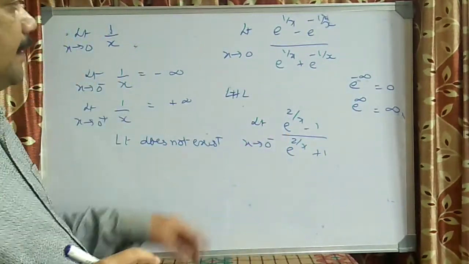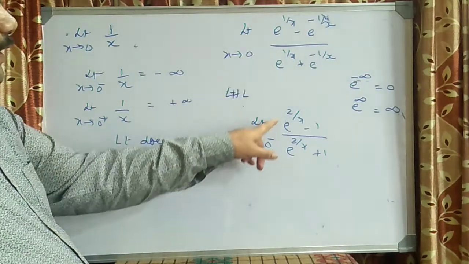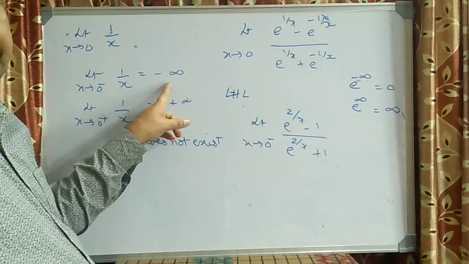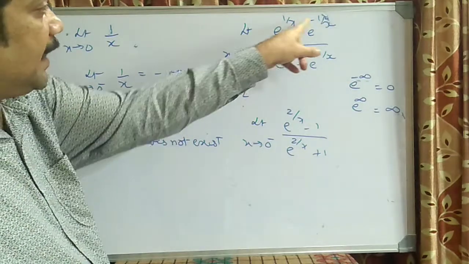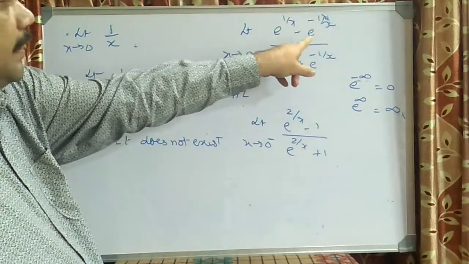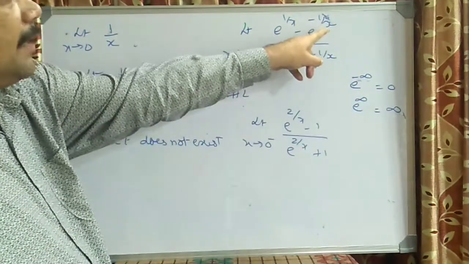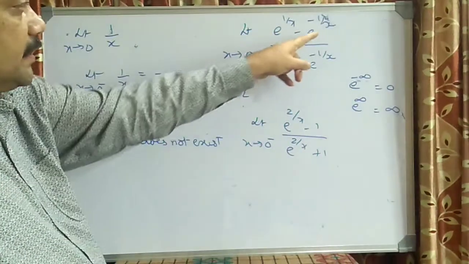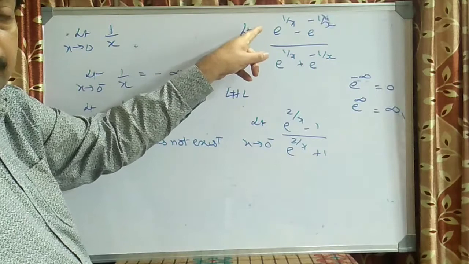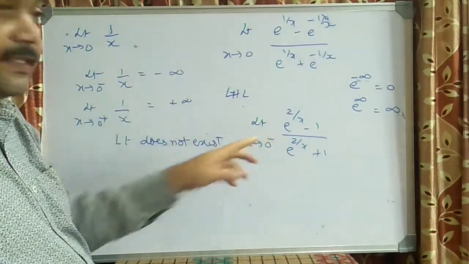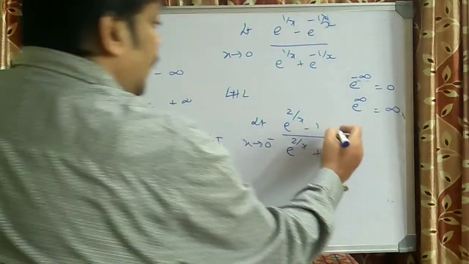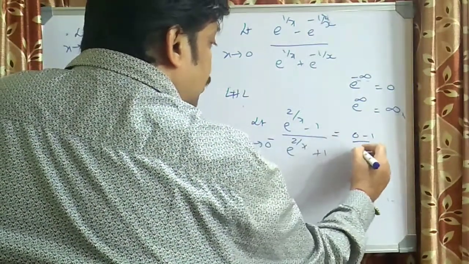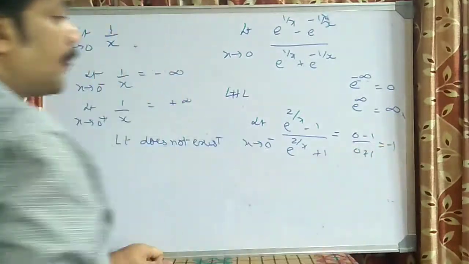Observe my friends, once again for the left hand side of 0, 1 by x becomes minus infinity. Then minus 1 by x becomes positive infinity. So e power infinity will be infinity. I am supposed to take out common the term which is becoming infinity. So e power minus 1 by x is taken common out and gets cancelled. And then what remains is this. Now this is 0, because e power minus infinity is 0. So the answer will be 0 minus 1 by 0 plus 1, which is minus 1.